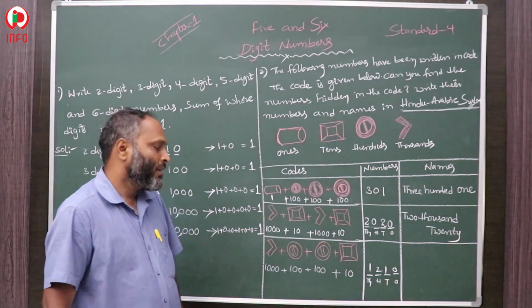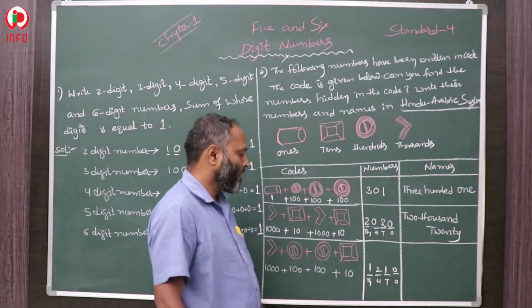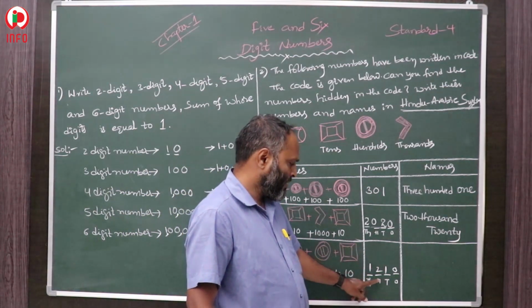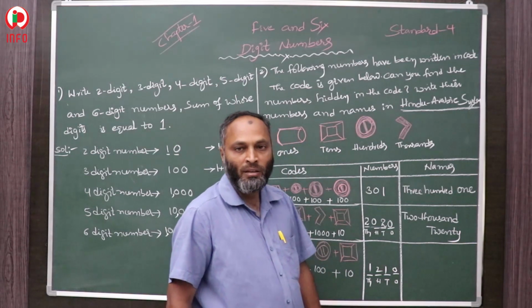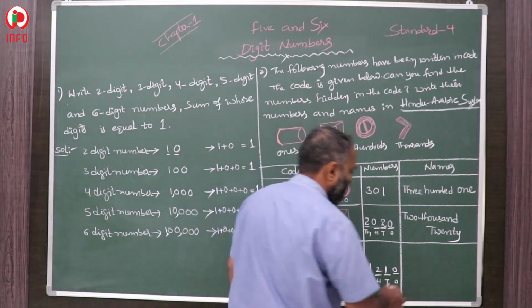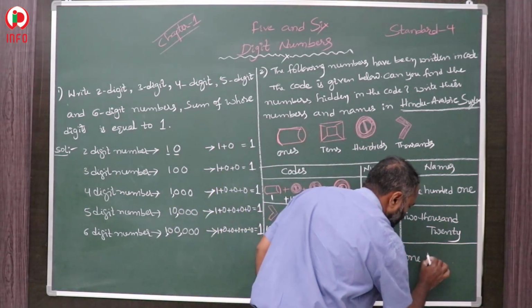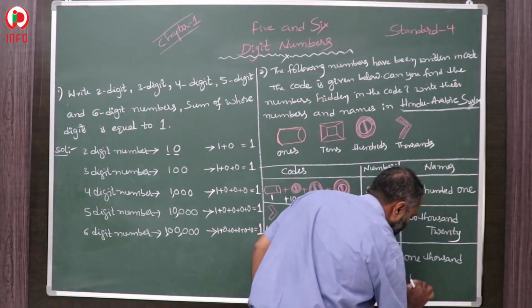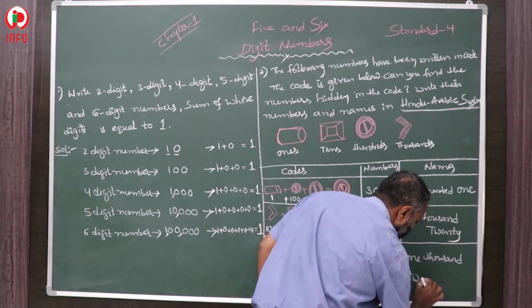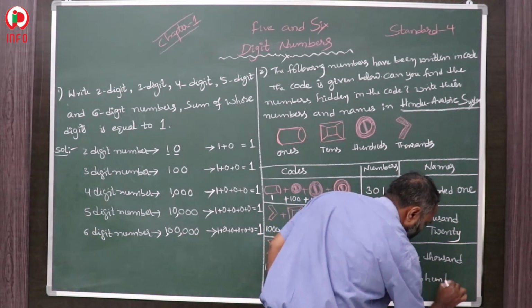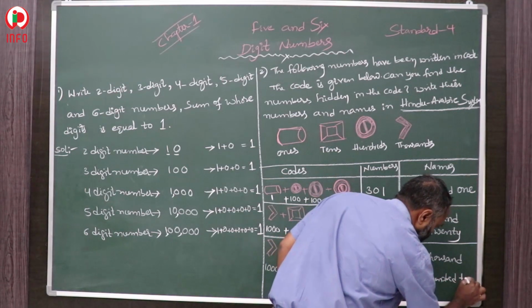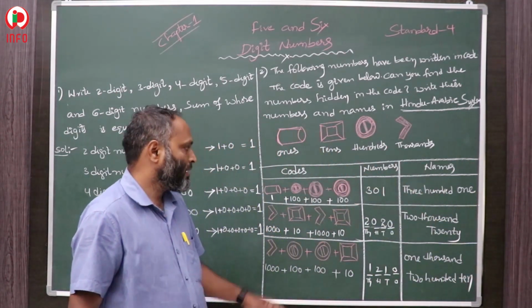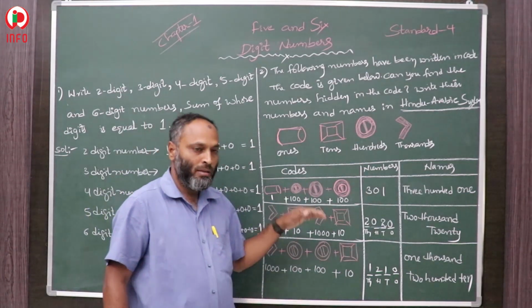This is the representation. Then how to read? That is 1210.